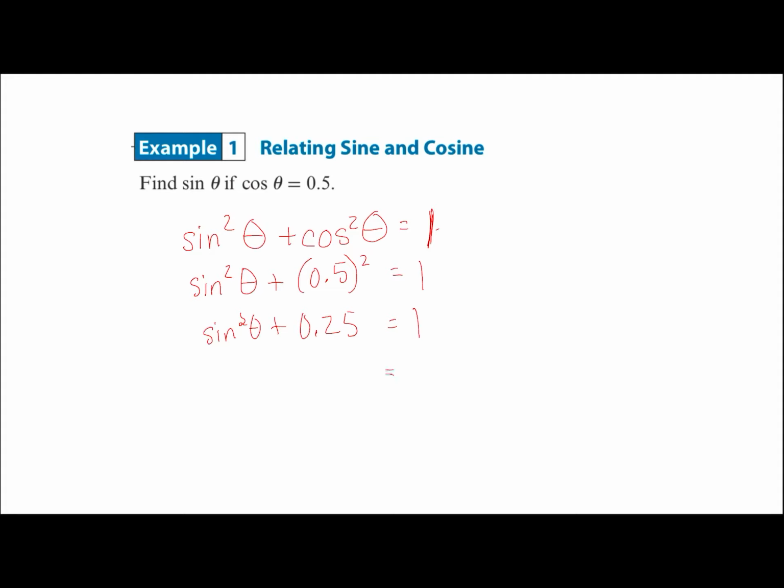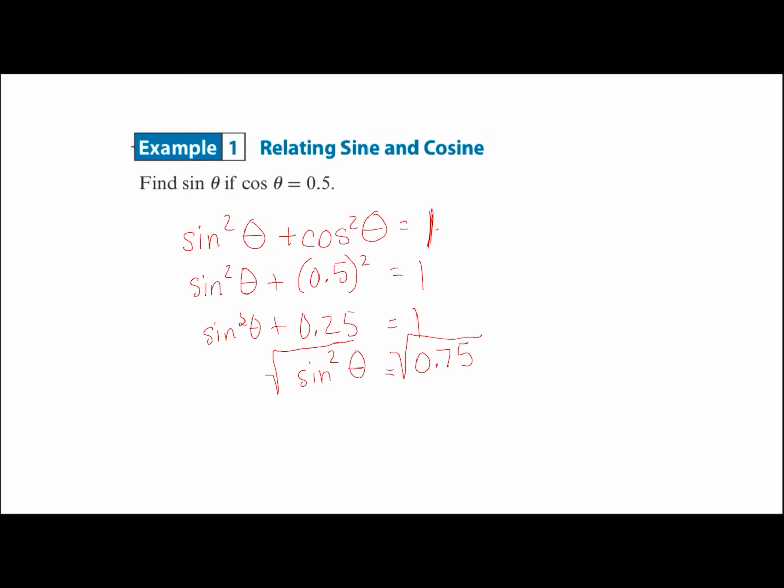I'm going to subtract from both sides, and I'll get sine squared theta, and on this side I have 0.75. Now in order to get rid of our square, we're going to have to take the square root of each side, and I'm going to grab my calculator here and punch this in.